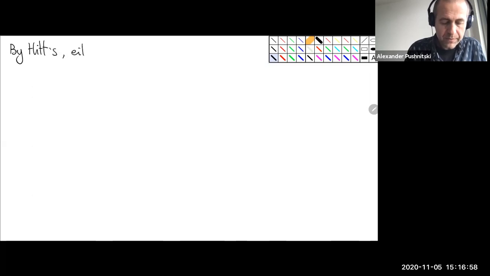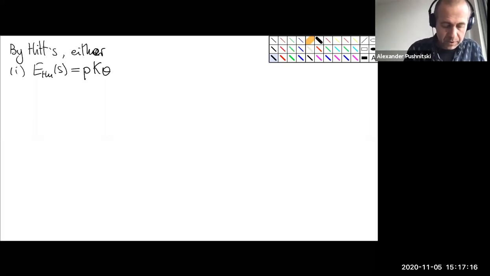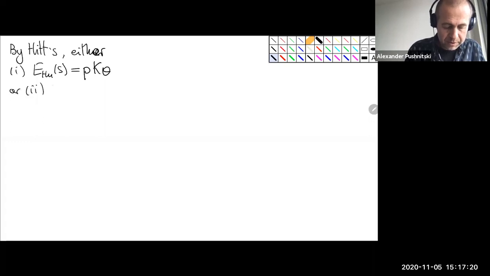Either this Schmidt subspace is p K theta for some theta, where p is an isometric multiplier on K theta, or the second possibility is that it may be some inner function times the whole of H2.